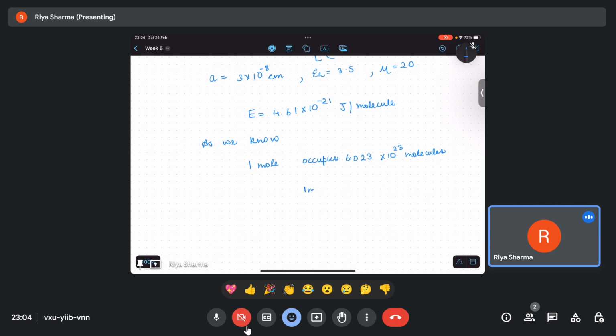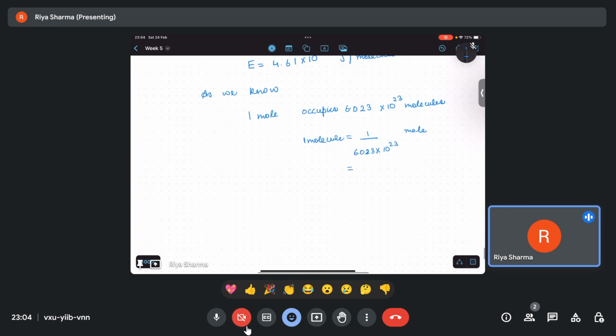So one molecule is equal to 1 upon 6.02 into 10 raised to power 23 mole, which is equal to 1.66 into 10 raised to power minus 24 mole.